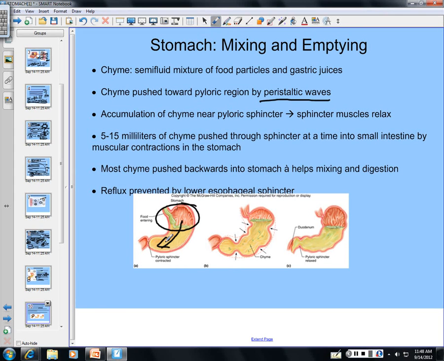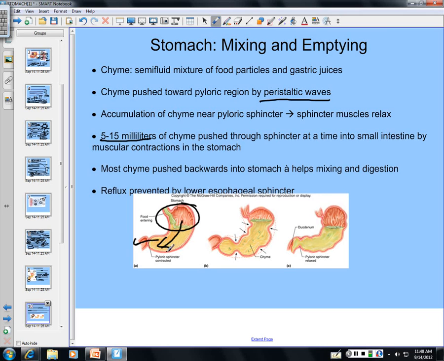Towards the pyloric sphincter. The pyloric sphincter, in turn, remember right here, slightly relaxes. And a very little amount of chyme, which is mostly liquid or small molecules only, is pushed through the sphincter into the duodenum.